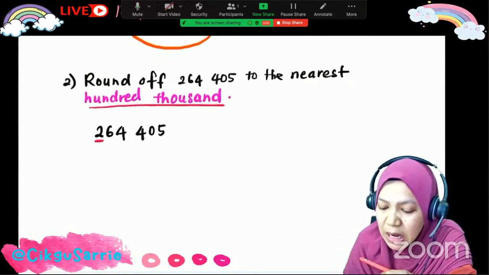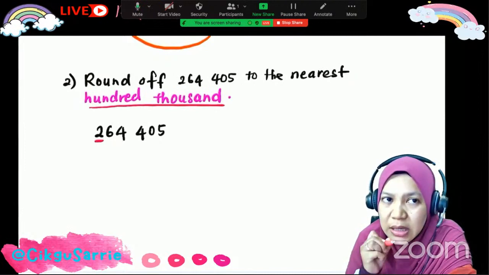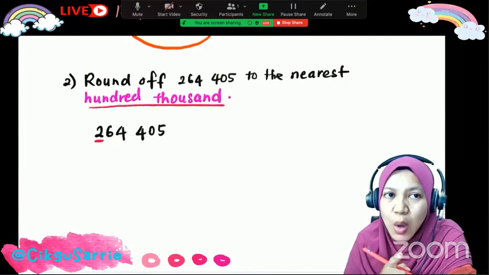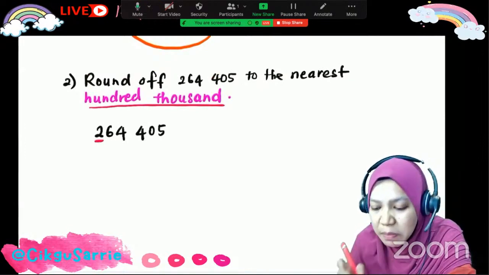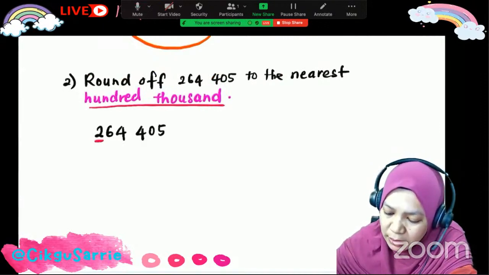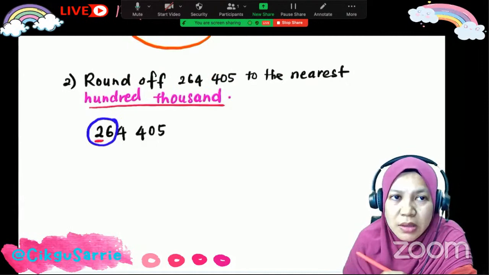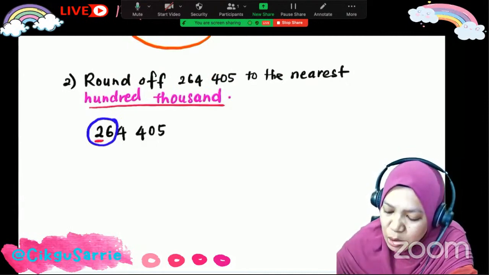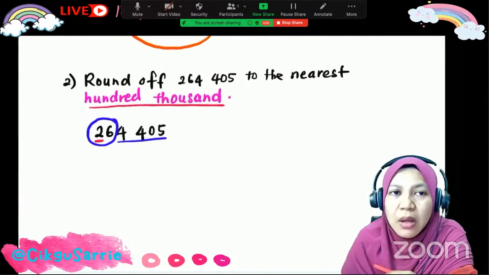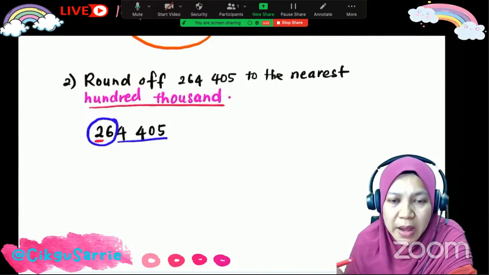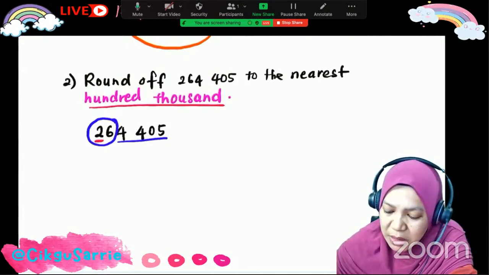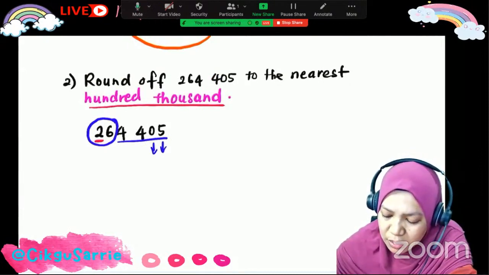After that, I will circle that underlined digit with the one digit at the back. So what happened to these four digits at the back? We just replace with 0.